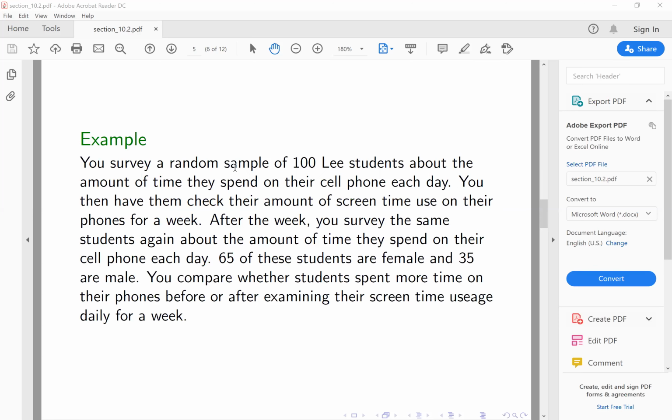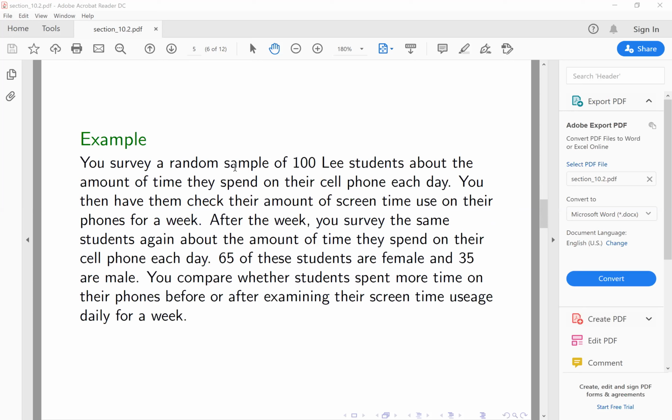You survey a random sample of 100 of these students about the amount of time they spend on their cell phone each day. You then have them check their amount of screen time use on their phones for a week. After that week, you survey the same students again about the amount of time they spend on their cell phones each day. 65 of these students are female and 35 are male. You compare whether students spend more time on their phones before or after examining their screen time usage daily for a week. What do you think?